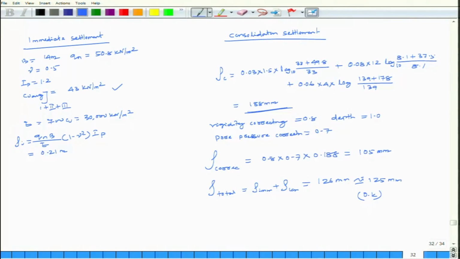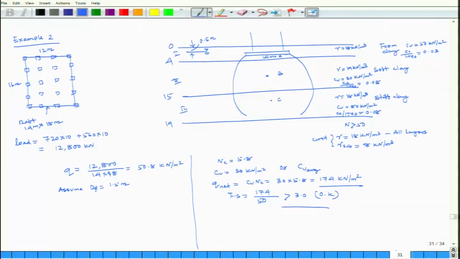Based on that, rho corrected, consolidation settlement after correction is 105 mm. Total settlement comes out to be 126 mm. As per the Bureau of Indian Standards code, the permissible settlement required is 125 mm. Now it is okay. The size and the depth of the foundation is okay.